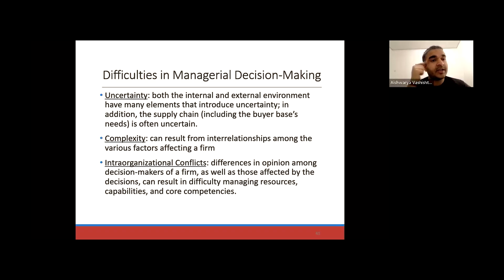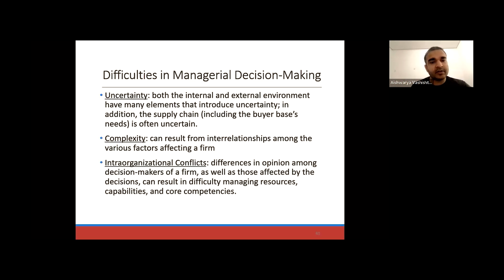Should we spend it on making a new product? Should we spend it on entering a new market? So you have an internal resource, but there's a lot of intra-organizational conflict, especially amongst the top management. It's called TMT, top management team, or upper echelon.